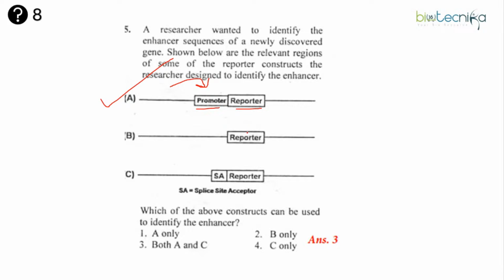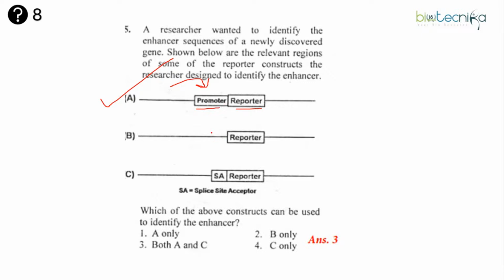Now B. Here you only have the reporter gene, you don't have the promoter. The proteins which are sitting on the enhancers, or the proximal control elements also, the activators basically, cannot work directly on the gene. They regulate the polymerase for the transcription, to enhance or activate the transcription. Okay, there are many regulations. I'm not going into the details of that.